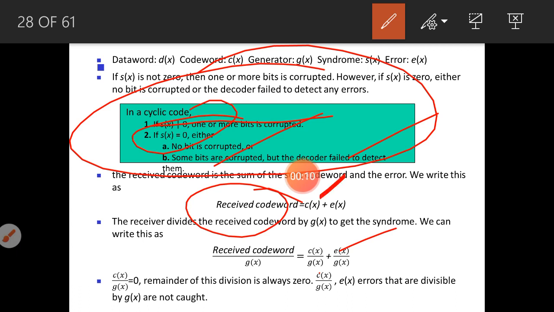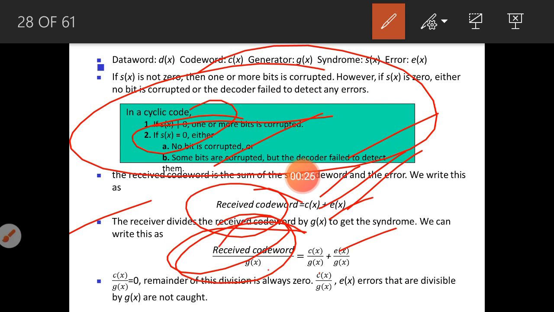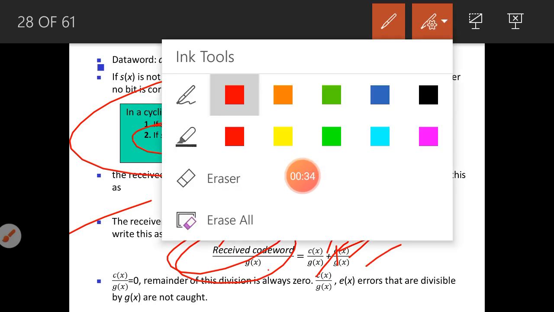Okay, and the received code word is nothing but the sent code word plus the error. The receiver divides the received code word by g of x, which is the divisor. The received code word is nothing but c of x plus e of x. So we can rewrite this division as c of x divided by g of x plus e of x divided by g of x.